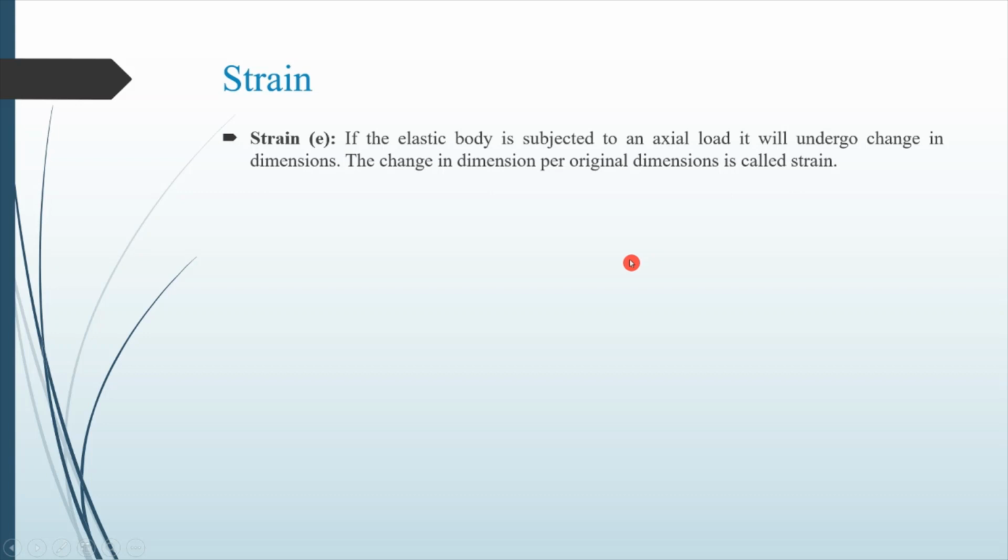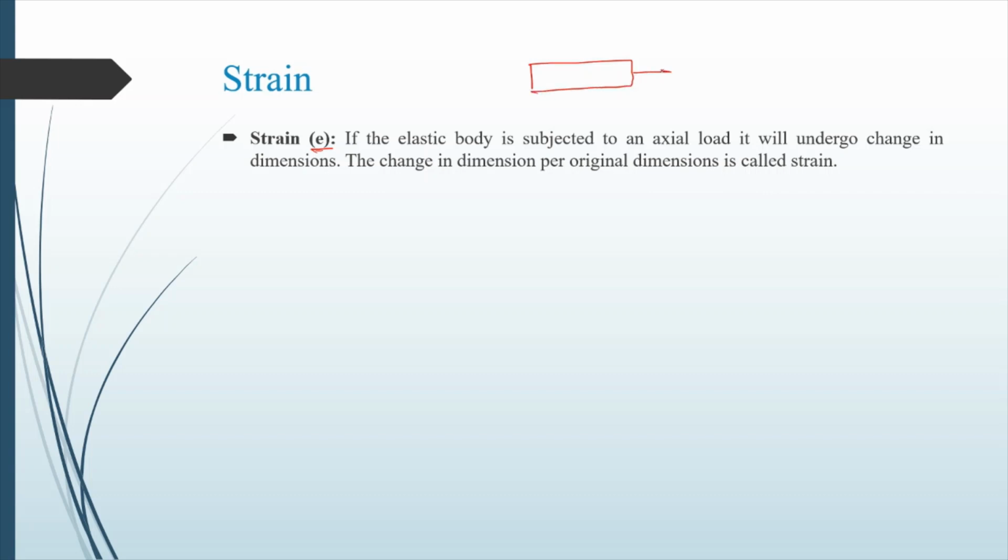Now first we'll see the definition. If an elastic body is subjected to an axial load, it will undergo a change in dimension. The change in dimension per unit original dimension is called strain. Strain is denoted by letter small e. Here I will explain the concept of strain by using the diagram.